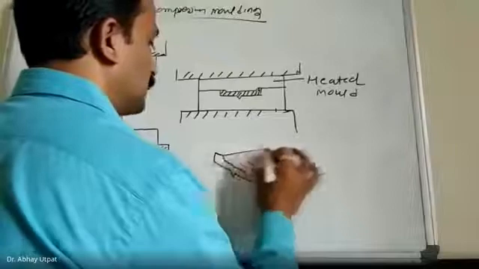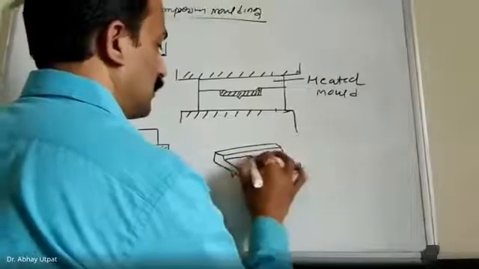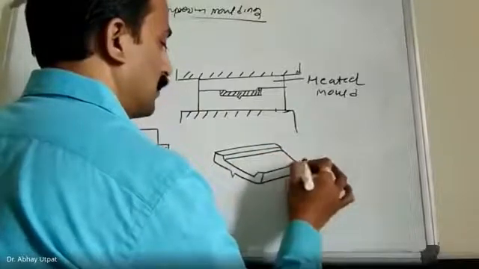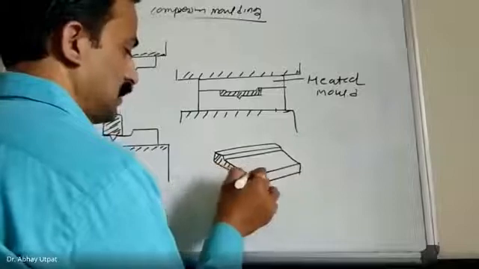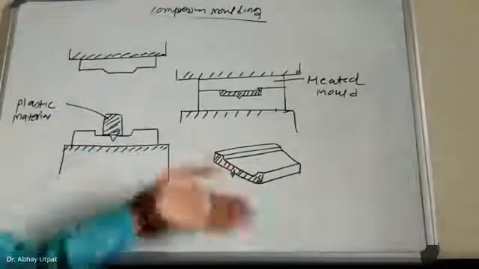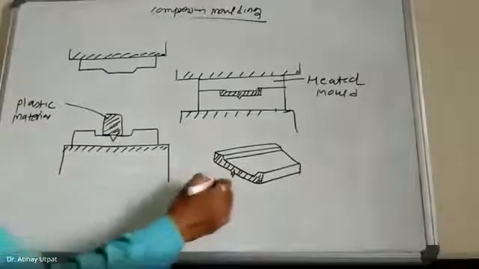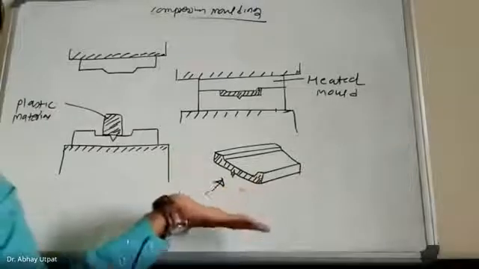I will not hatch; only this part I will hatch. So it has some depth inside. From this side we have shown. So this is a thick component like a plate, like a tray.